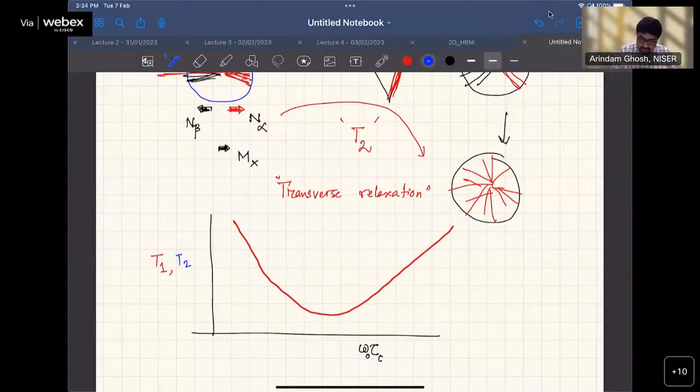Whereas the T2 is something like this. It is going very slowly like this. So T2 starts dropping and keeps dropping as omega tau c is increasing. Now the question is, what do you mean by omega tau c increasing?